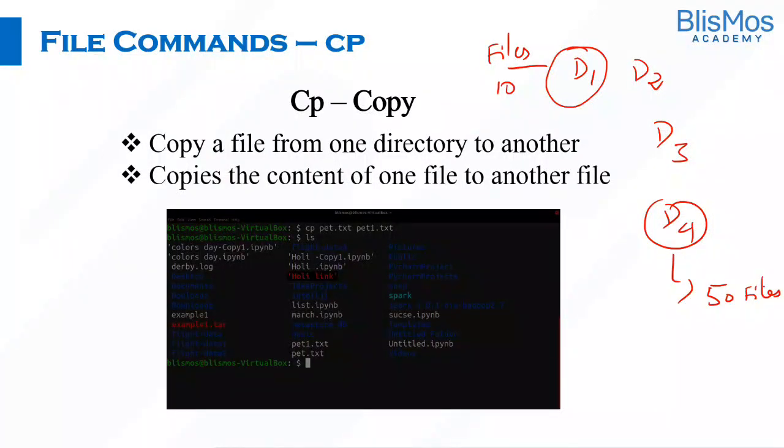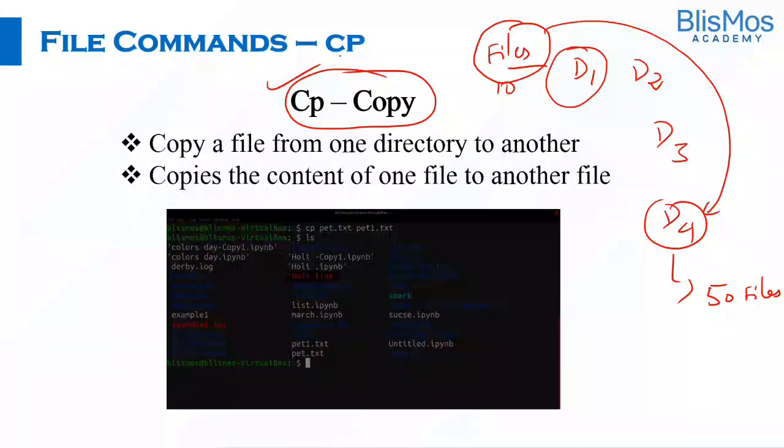There is always a requirement where you have to copy a file from one directory to another directory. Copy command comes to our help. With the copy command, we can copy a file from one directory to another directory. That is the first use case.